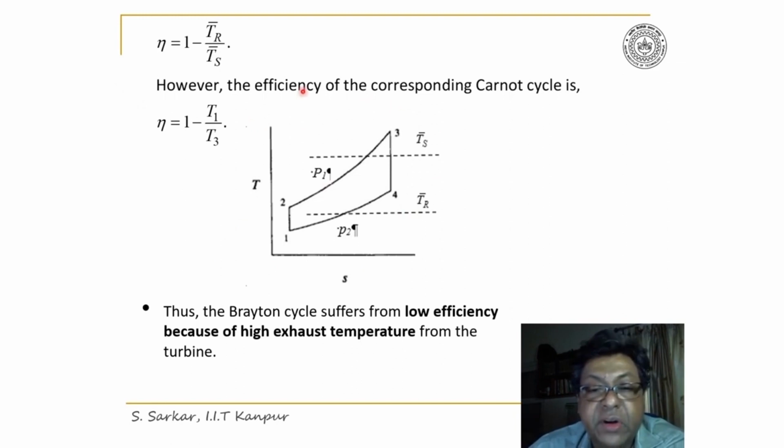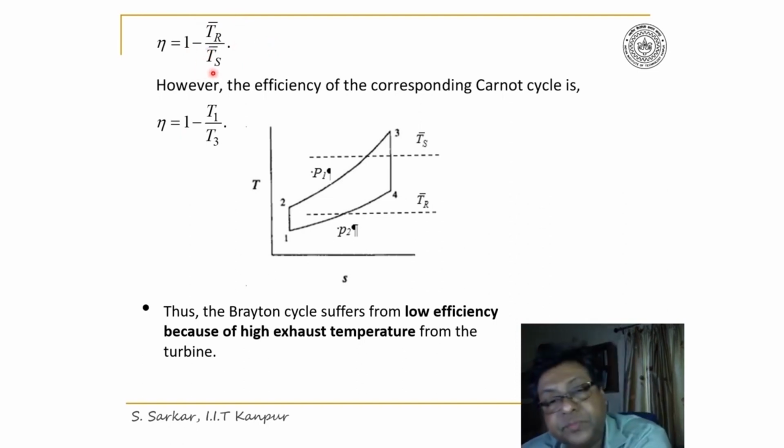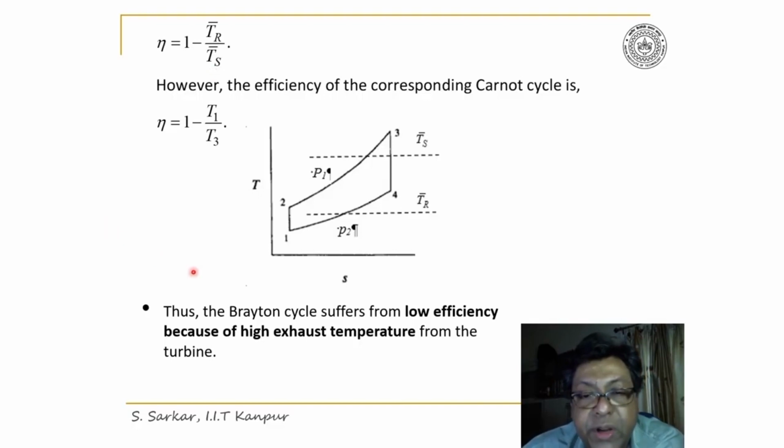Thus, the efficiency of the Brayton cycle can be expressed in terms of T bar S and T bar R. So, eta is equal to 1 minus T bar R divided by T bar S. Now, if we establish a Carnot cycle between the maximum temperature of the cycle and the minimum temperature of the cycle, the corresponding Carnot efficiency would be eta equal to 1 minus T1 by T3.